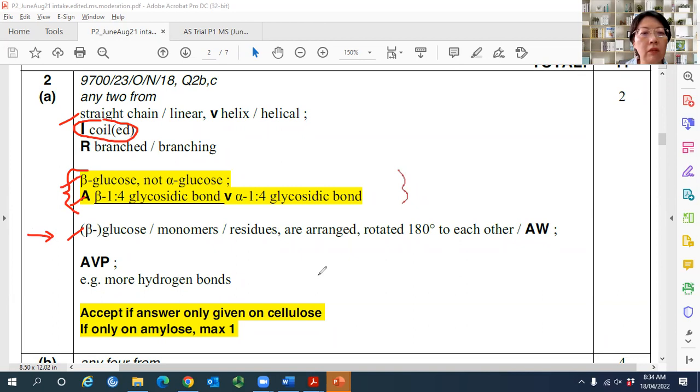Alternate glucose residues are rotated 180 degrees, or neighboring glucose residues are rotated 180 degrees to each other. Okay. AVP, any valid point, that means there are more hydrogen bonds in cellulose molecule because they've got intramolecular hydrogen bonds, right? Compared to the amylose.